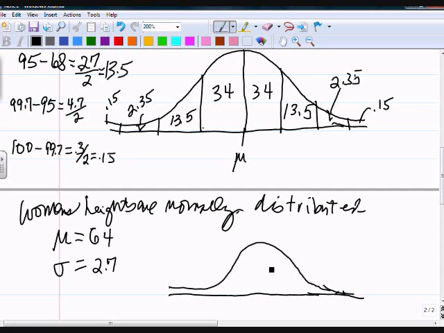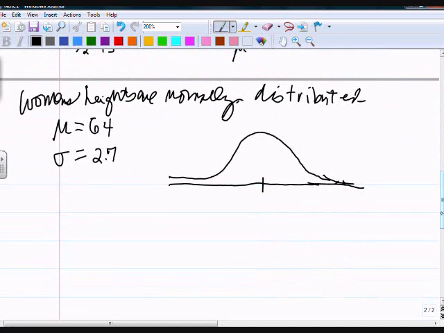Okay. I'm going to put the center in. I mark the center after I draw the curve. And that center is 64 inches. I look for that inflection point. I'll just make one up. Plus or minus 1 standard deviation.